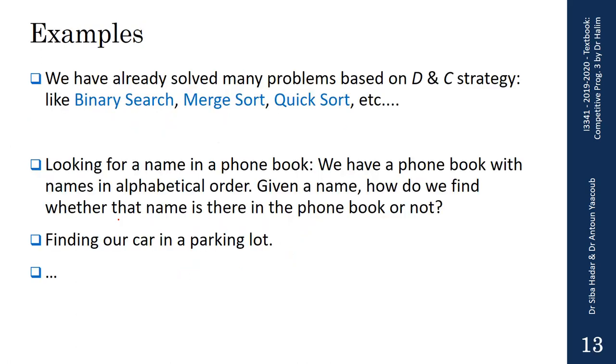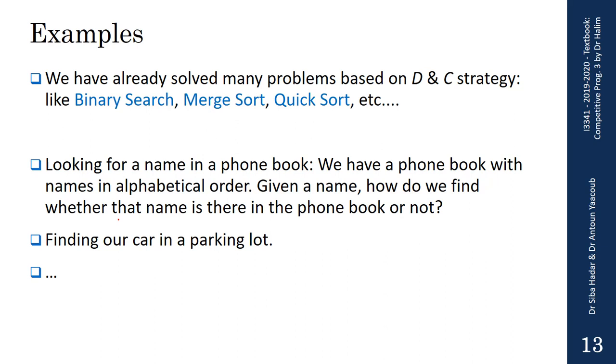Where have we used divide and conquer? Basically binary search, merge sort, and quick sort, the problems that we covered, especially in data structures in the last year and the second year, all use divide and conquer and recursion to solve these problems.